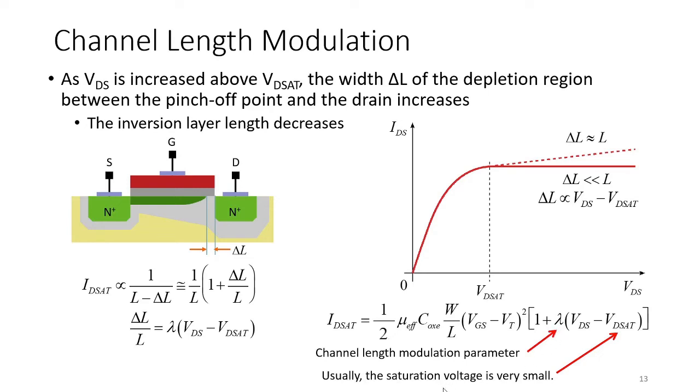But if we want to model this, we use what we call a channel length modulation parameter, which is this one, and it depends on the difference between the actual VDS and VDSAT. But remember that if we reach this level of channel length modulation, this quantity can be approximated to VDS because the saturation voltage VDSAT usually is very small.